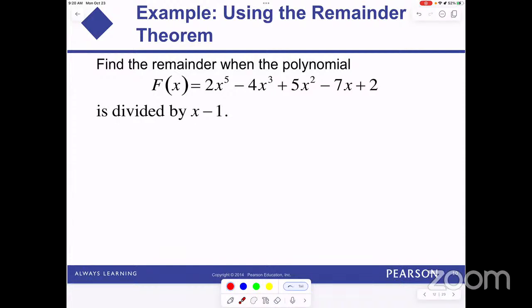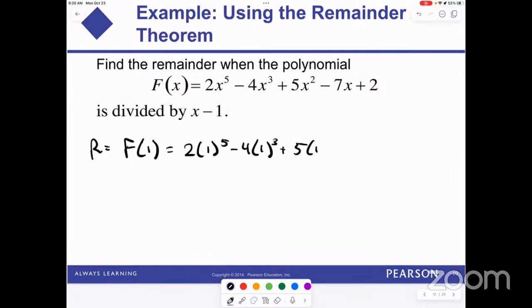So our remainder, using the remainder theorem, is going to be f of 1. That's 2 times 1 to the power of 5 minus 4 times 1 to the power of 3, plus 5 times 1 squared, minus 7 times 1, plus 2. So that's 2 minus 4 plus 5 minus 7 plus 2.